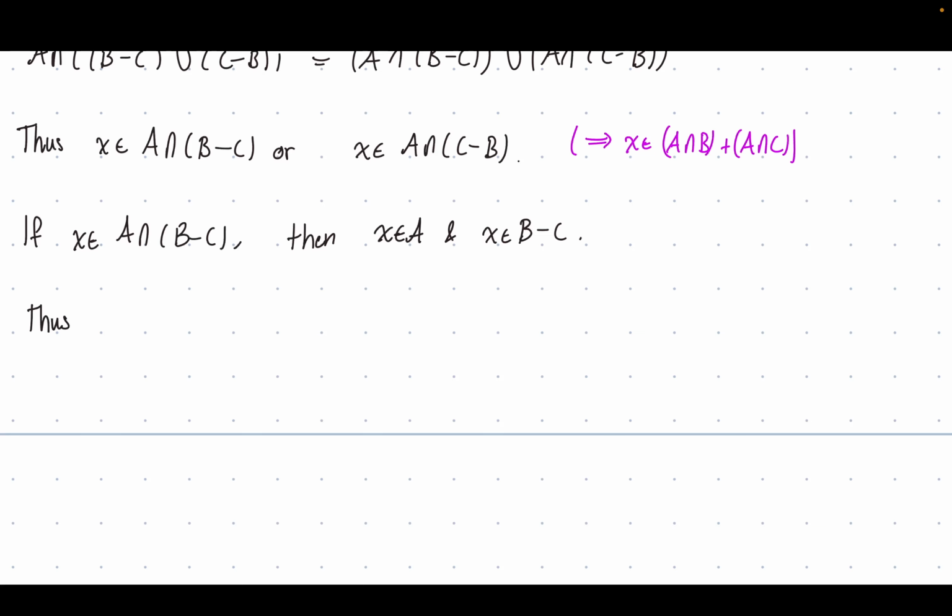And from the difference, we get that x is going to be in A, x is going to be in B, and x is not going to be in C.